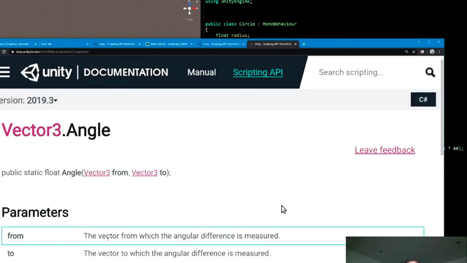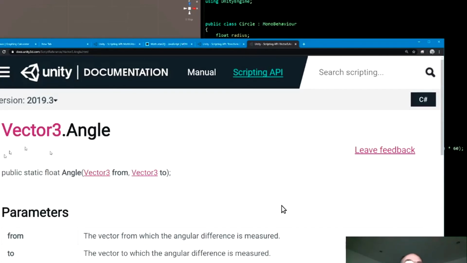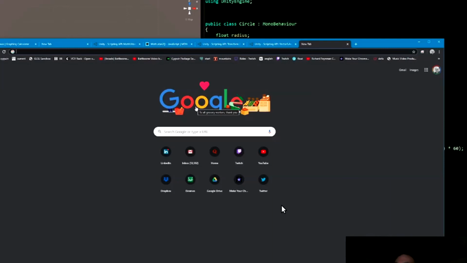No, it doesn't say that. So this function is useless for me because I want to know the angle. This is different to this. So you would hope that Unity, since they love their degrees, would have provided some way of getting the equivalent of the atan2 function in degrees.